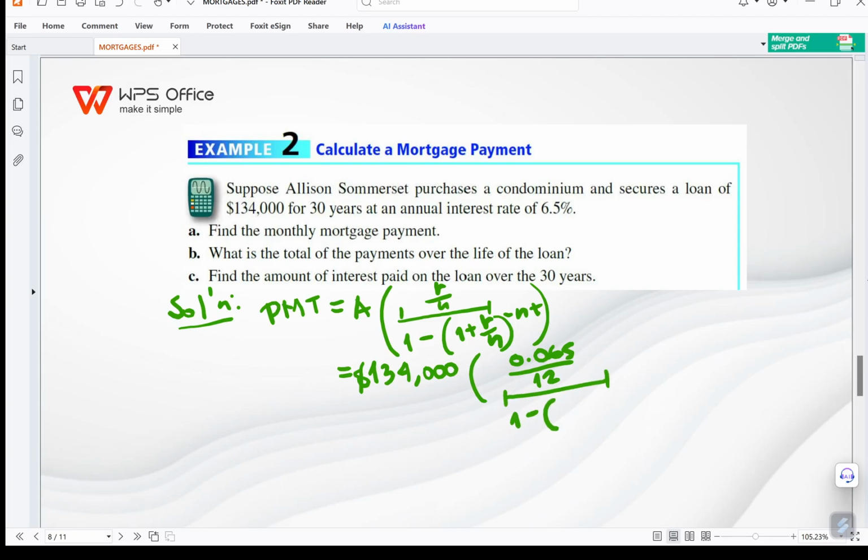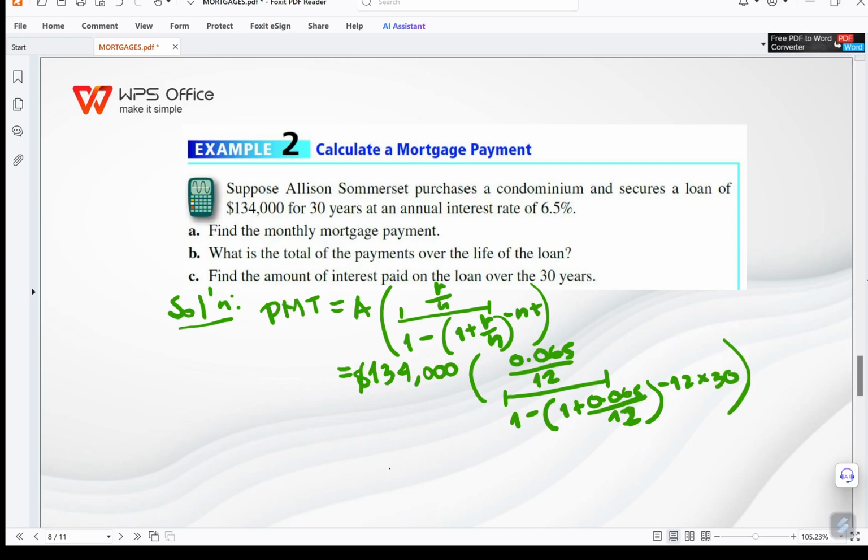1 plus 0.065 divided by 12 raised to the power of our N here, the number of payments, that is 12, multiplied by 30 because they agreed to pay for 30 years.